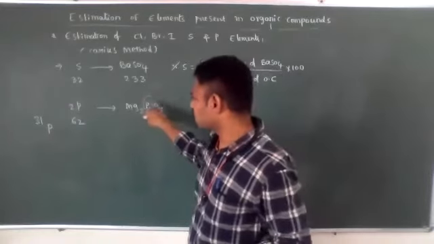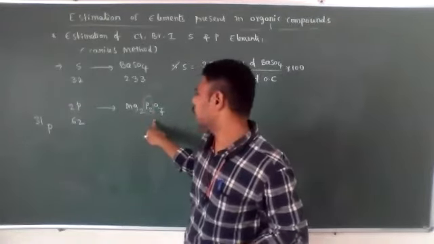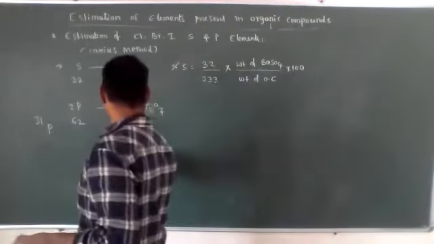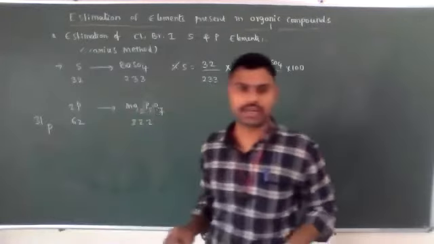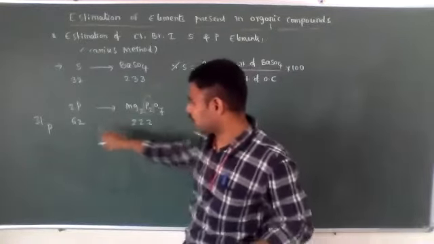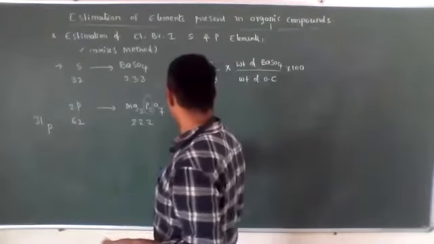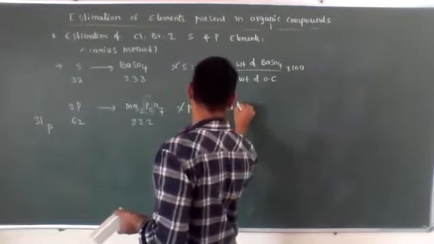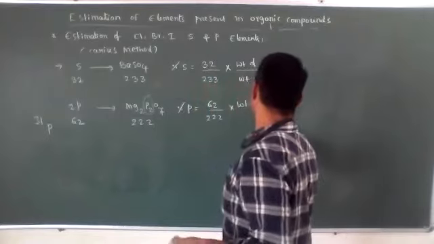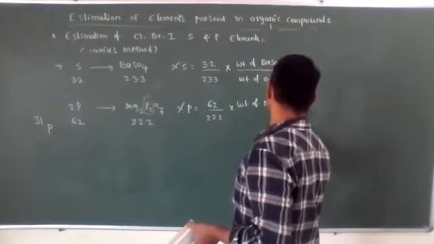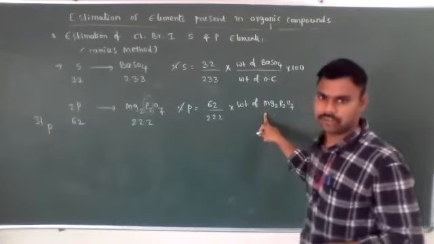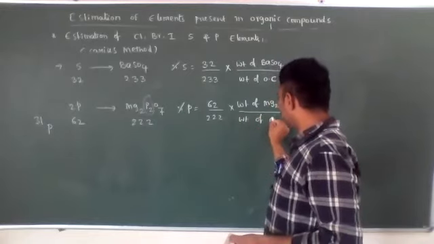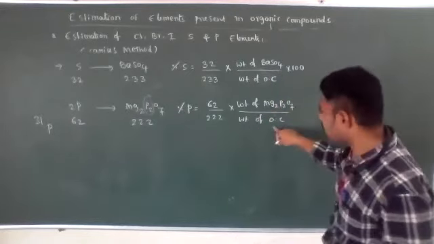Adding the total, the gram molecular weight of Mg2P2O7 is exactly 222. So out of 222 grams, 62 grams is phosphorus. Now the percentage of phosphorus is equal to 62 by 222 into weight of Mg2P2O7. In the question, the weight of Mg2P2O7 and the weight of the organic compound will be given. These two values they will give.